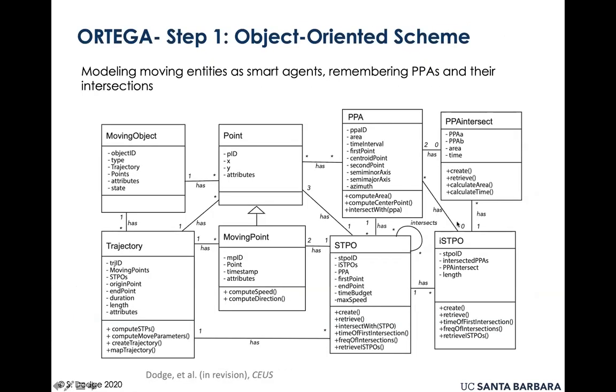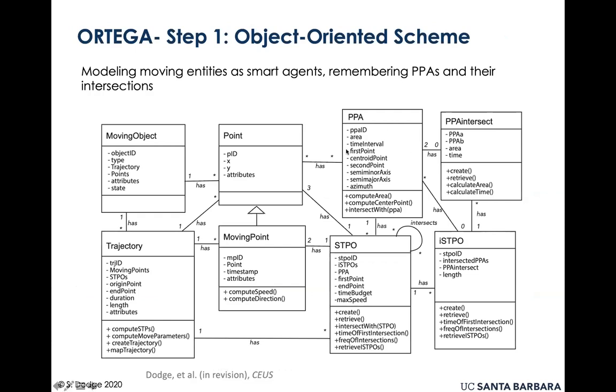So we optimize the space-time intersection using an object-oriented model, which basically makes the ellipse or the space-time prism smart, meaning that it can memorize where the potential path areas were and where the intersection happens regardless of their time.